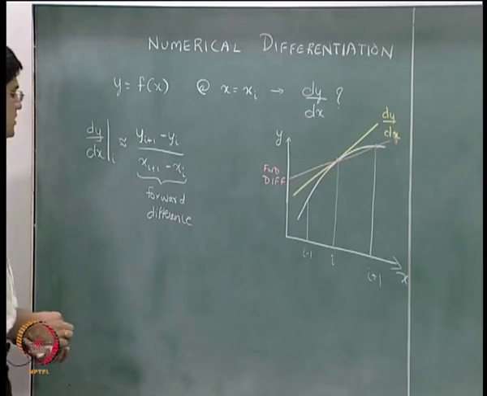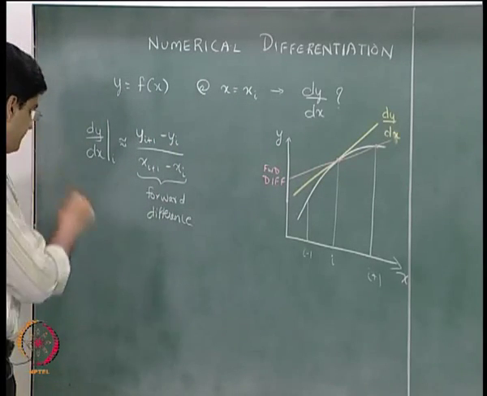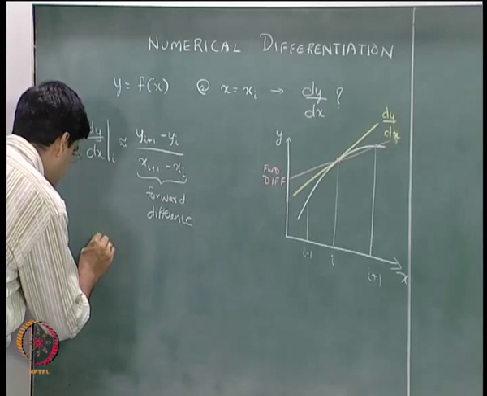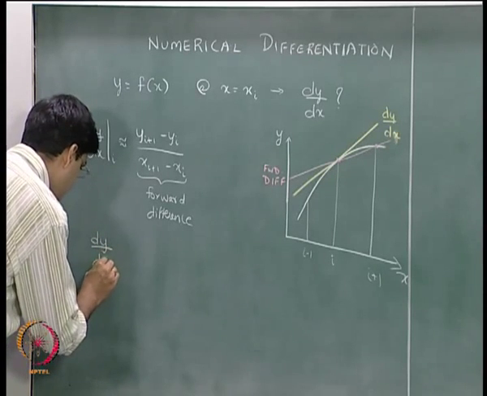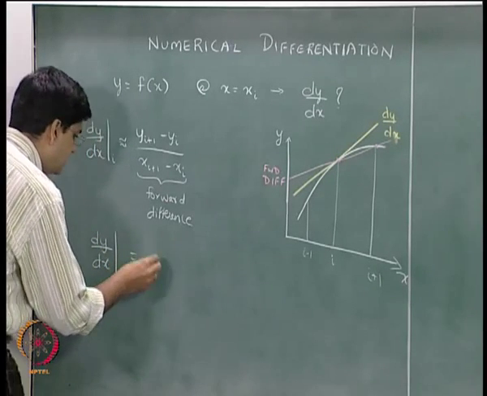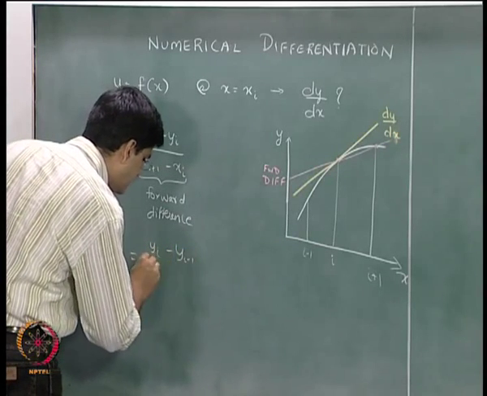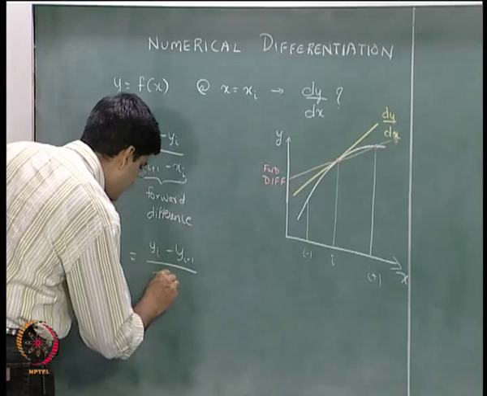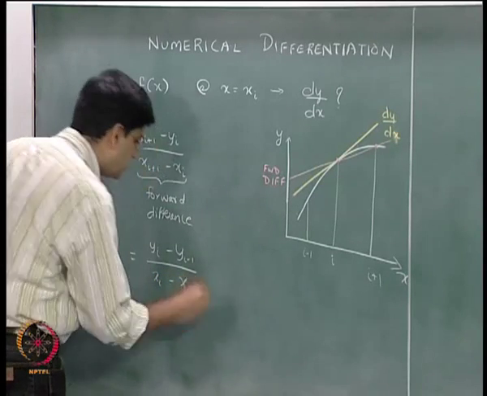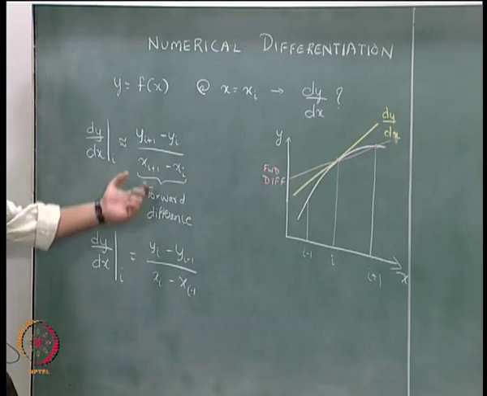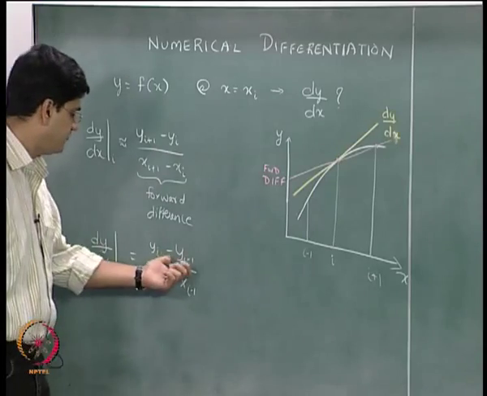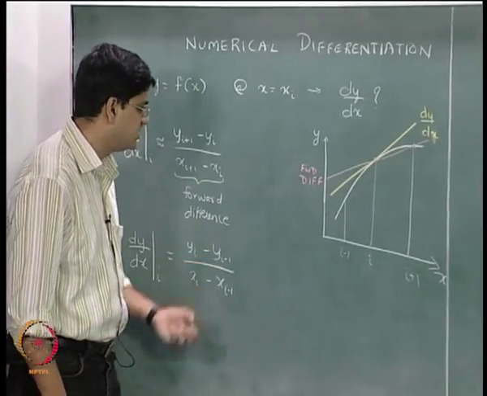Okay. And alternatively we can write dy by dx at i as y of i minus y of i minus 1 divided by xi minus xi minus 1. Just the way we had written it in the earlier form, we can write it alternatively in this form.